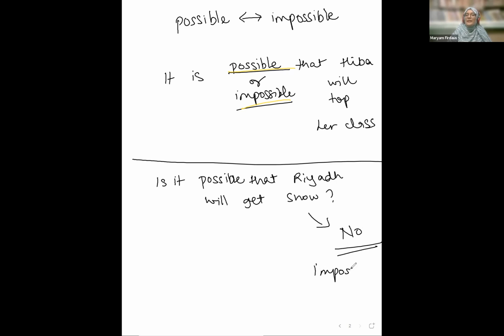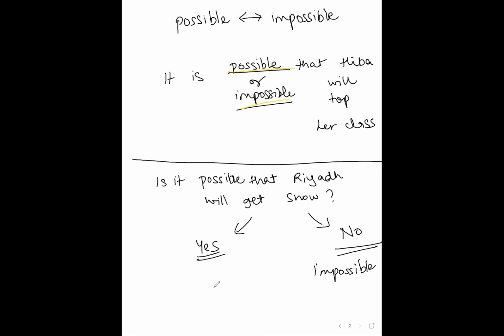That means something that can never happen. It has never happened. It can never happen ever. If your answer is yes, then I'll tell you later what that means. So first tell me whether it is yes or no. Is it possible that Riyadh will get snow?